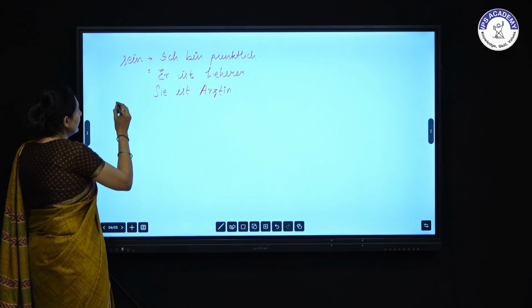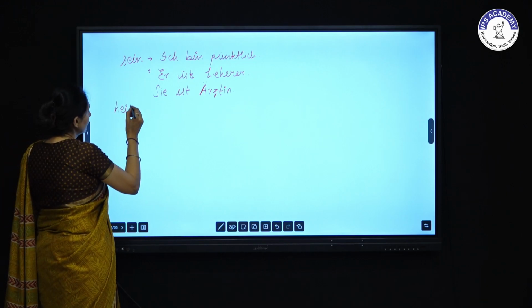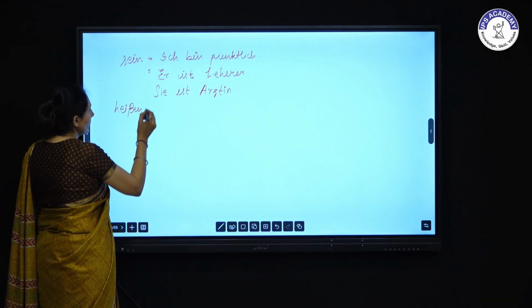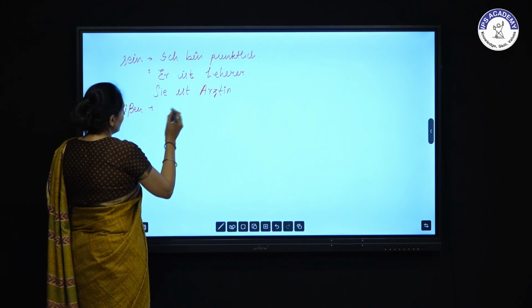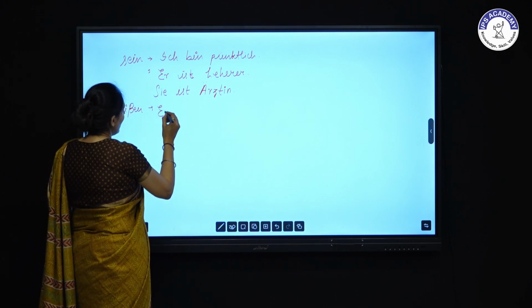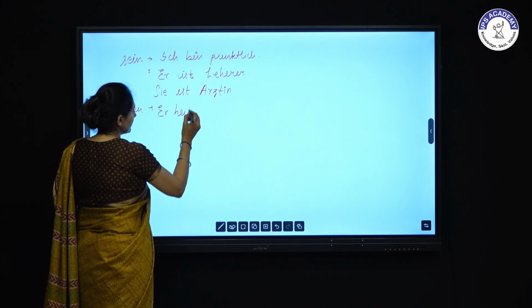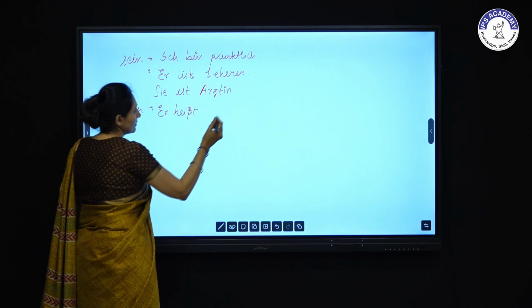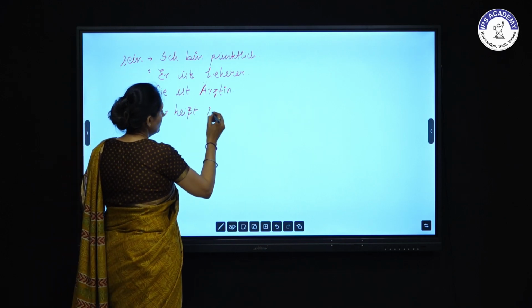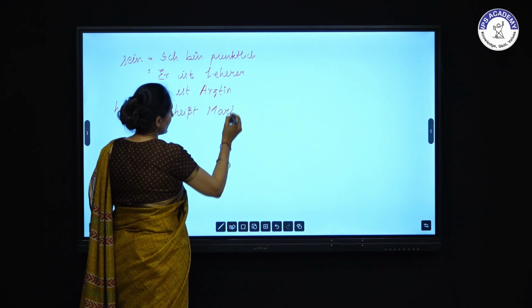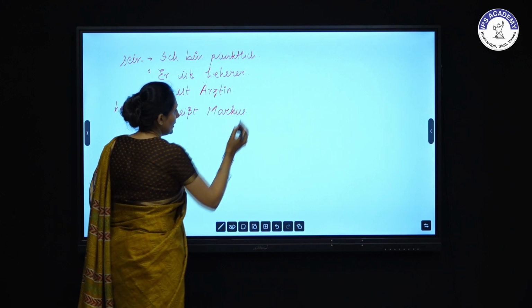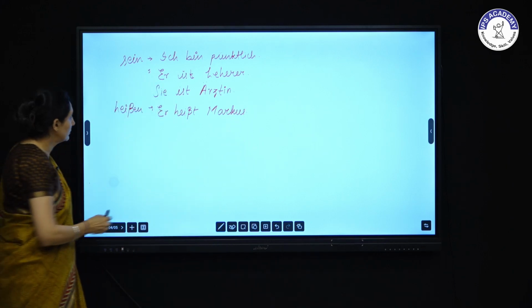Now, when it comes to heißen, er heißt Markus.